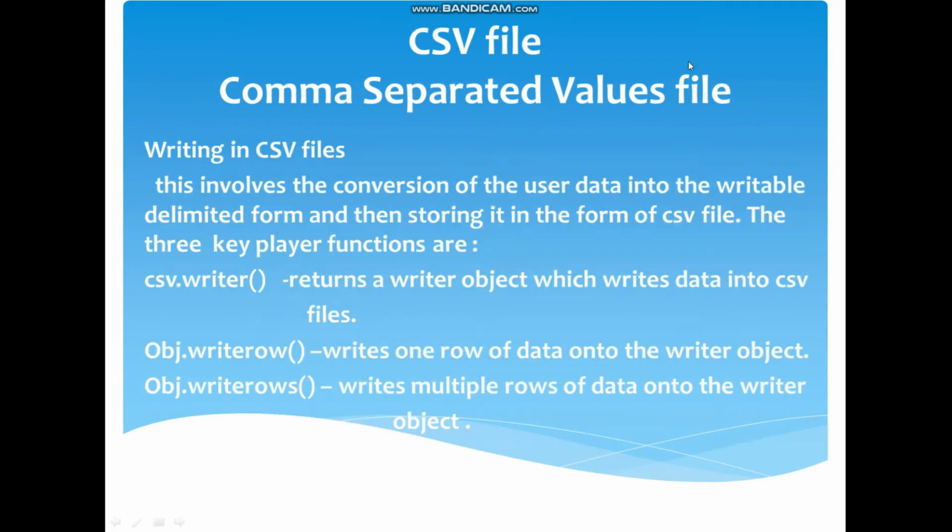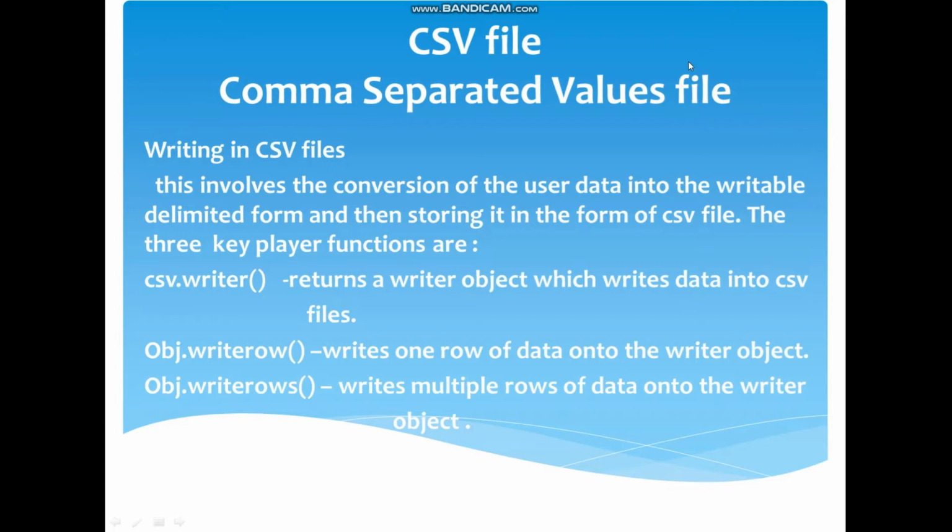What is the process of writing a CSV file? If we want to write data using CSV format, first we have to obtain the data. We have to use a writer object, and the work of this writer object is to take the data, change it to delimited form, and then store it into the file.